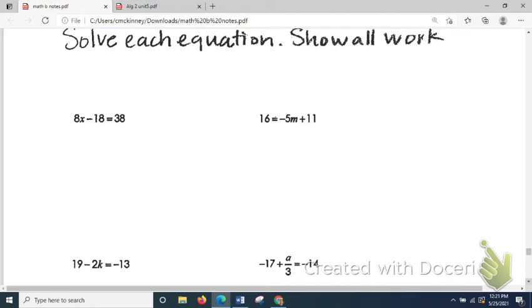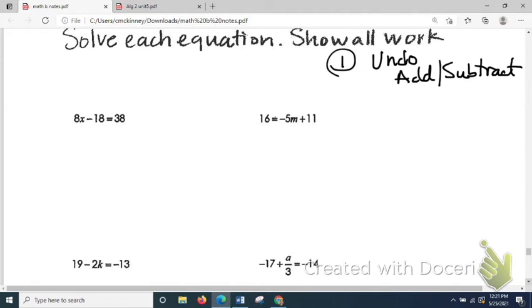All right, now let's look at some of these two-step equations. So again, your goal is to get the variable by itself, and we're going to undo the addition or subtraction first, and then undo the multiplication or division.